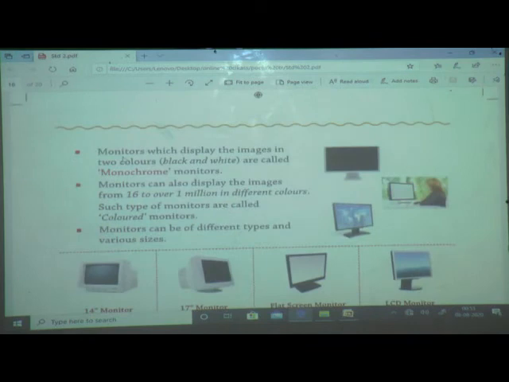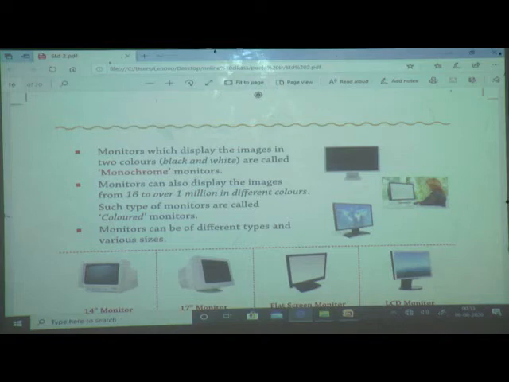Next, a monitor which displays the image in two colors, black and white, is called a monochrome monitor. A monitor can also display images from 16 to over 1 million different colors.